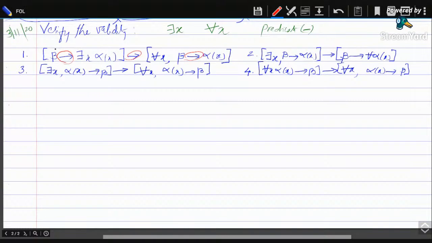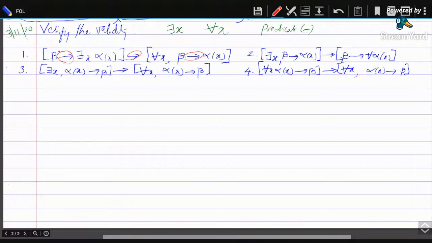So that's one thing. Second thing is we are talking about "there exists something" and "for all something", and whenever you're talking about that, we are commonly working with sentences which are made up of alphas and betas.